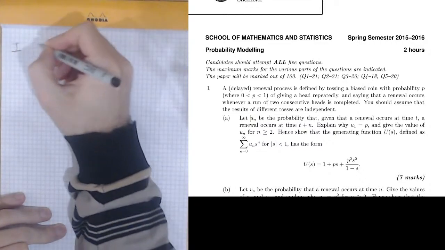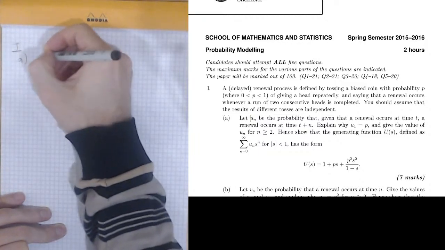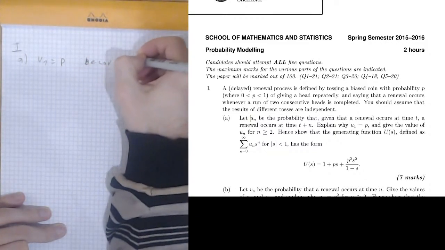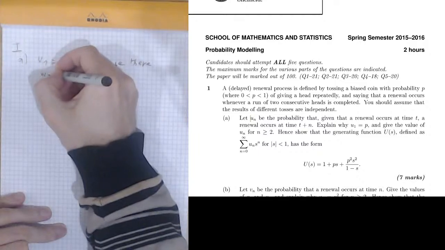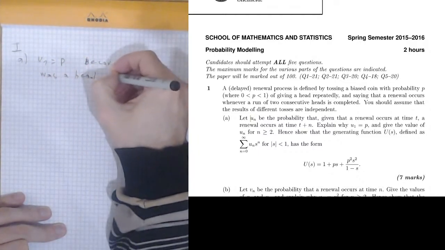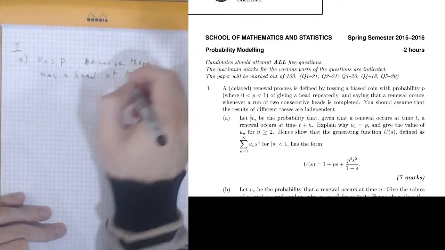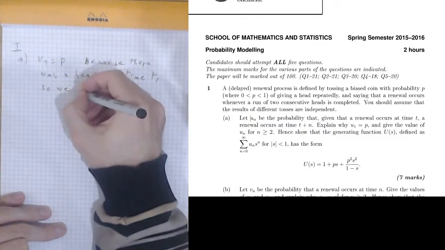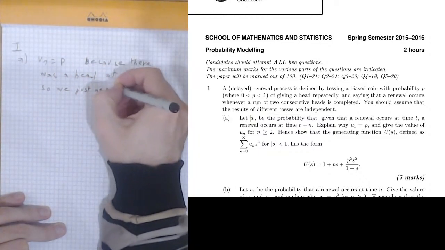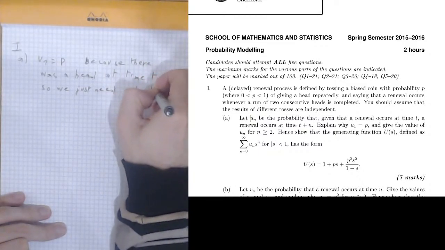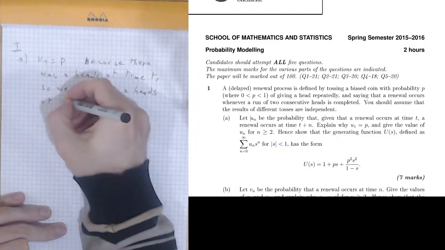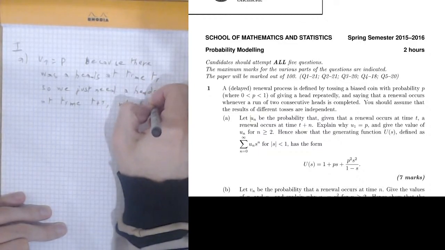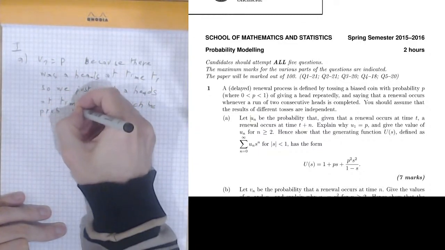So exercise 1, question A. u_1 equals p because there was a head at time t, so we only need to guarantee one more head, heads at time t plus 1, which has probability p.